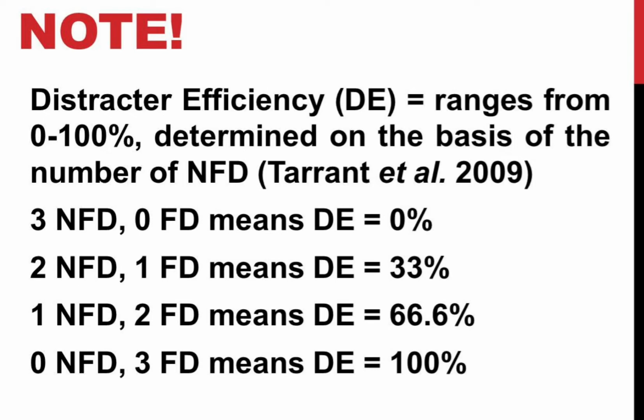If we have 1 non-functional distractor and 2 functional distractors, we have 66.6% distractor efficiency. And if we don't have a non-functional distractor and have 3 functional distractors, we have a distractor efficiency of 100%, which means that all of the distractors are effective.